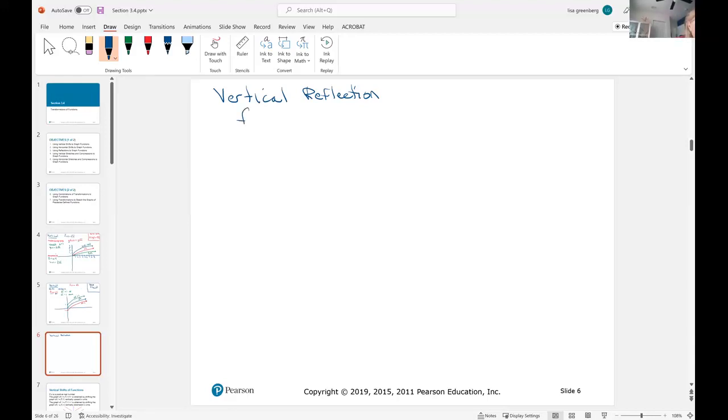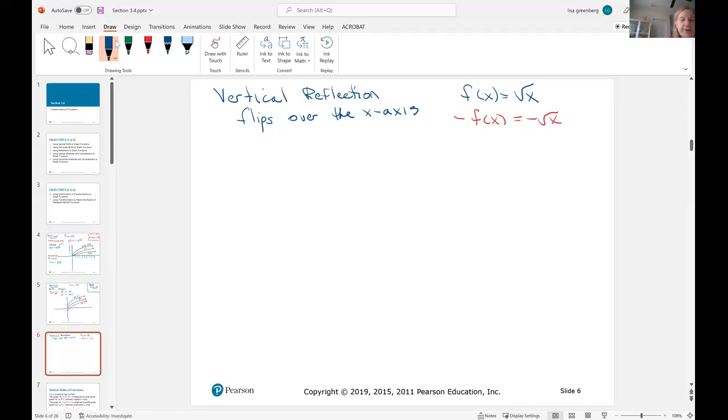So it flips, and I'll show you, flips over the x-axis. Okay, so for example, if I start with f of x equals the square root of x, then this would be minus f of x, which is equal to minus the square root of x.